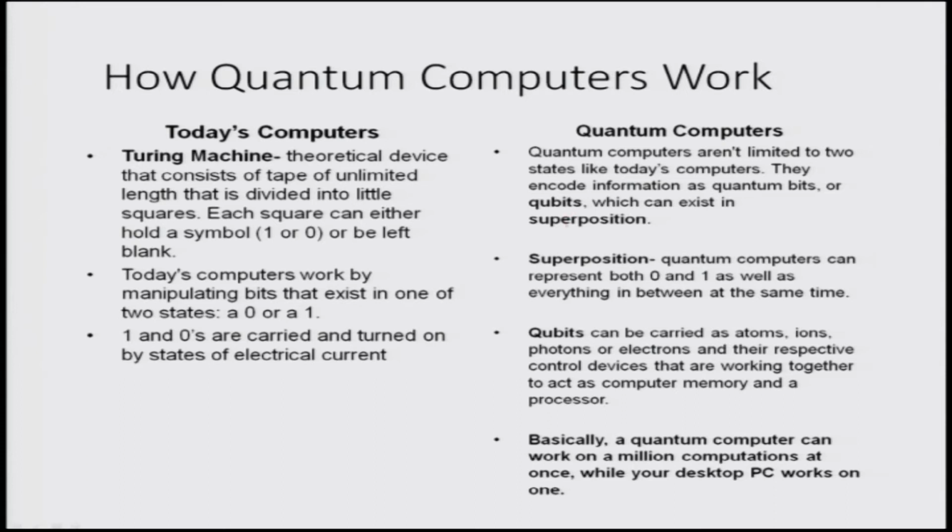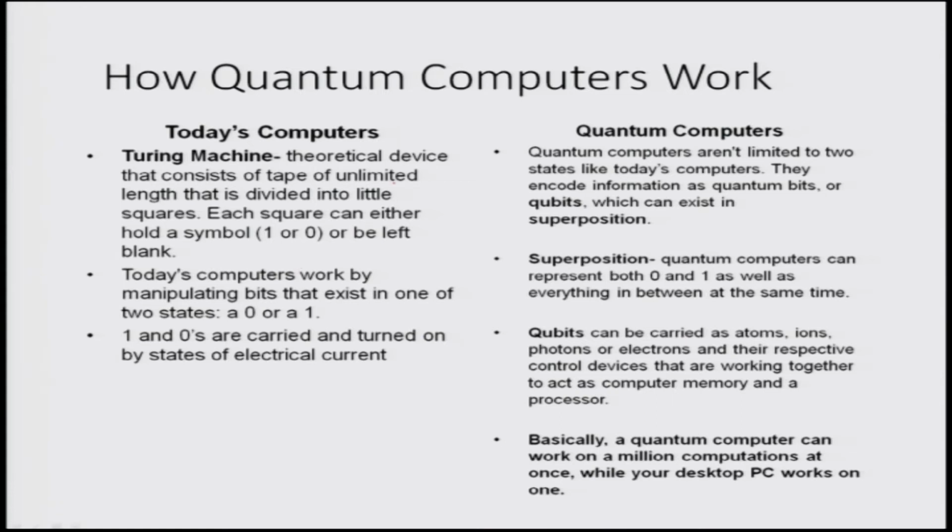Now, in order to realize how this is in relation to today's computers, here is a sort of a comparison. Today's computers essentially are based on Turing machines, which is the theoretical device that consists of a tape of unlimited length that is divided into little squares. Each square can either hold a symbol 1 or 0 or be left blank.